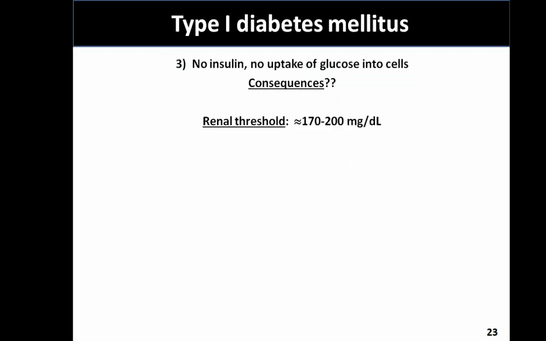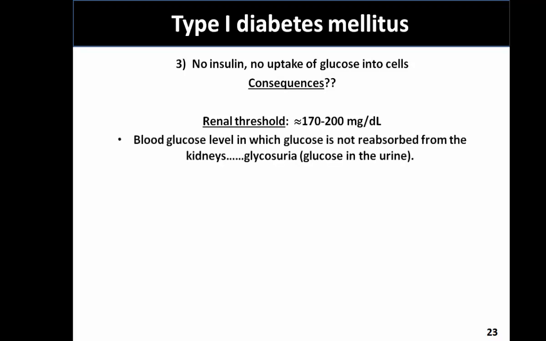And with the increase in glucose concentration in the blood, that blood will eventually get filtered as a normal process by the kidney, and the renal threshold reflects the maximum amount of glucose that can be reabsorbed back into the cardiovascular system after filtration by the kidney.